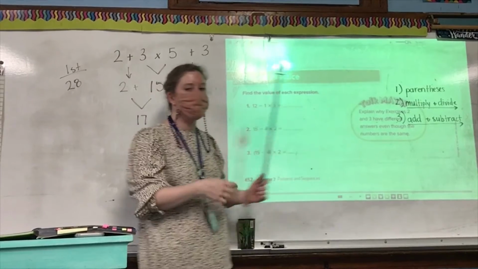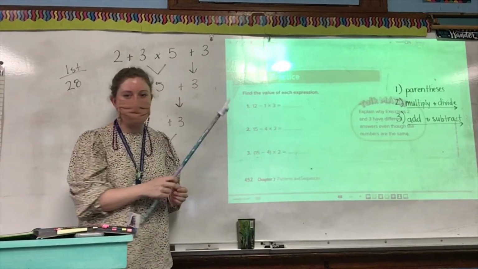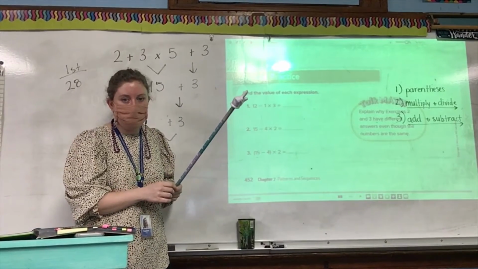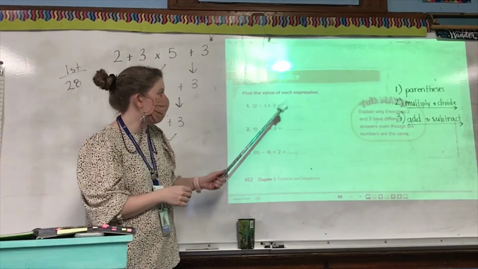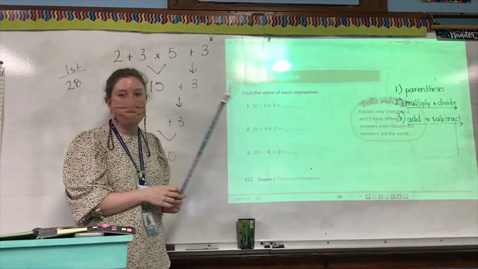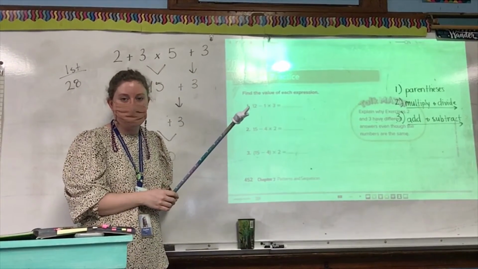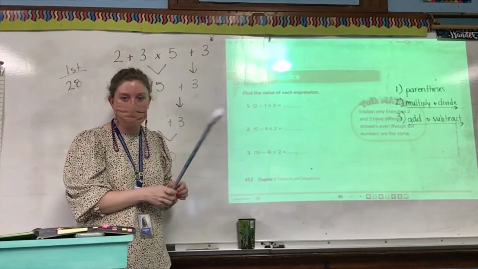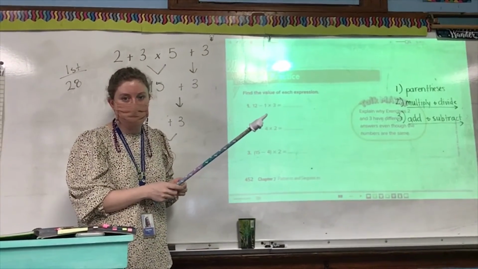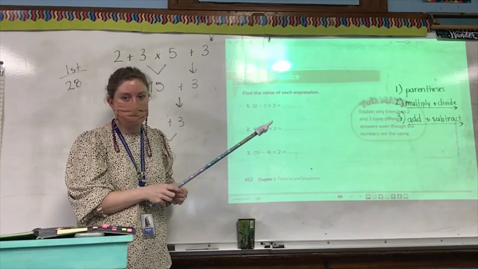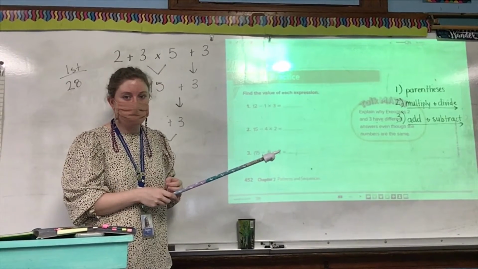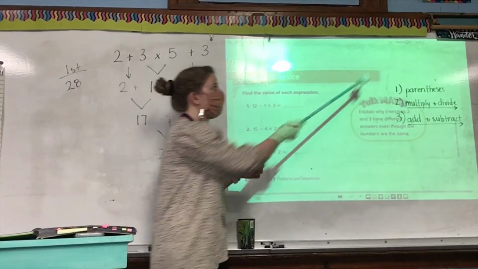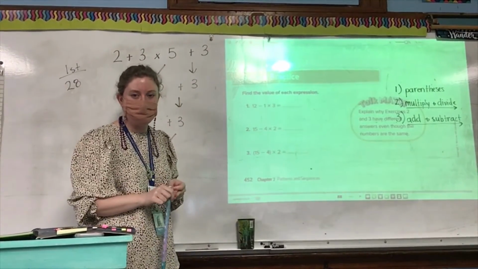What is step 1 when we have these types of expressions? Step 1 is parentheses. Do we have any parentheses? No, so we go to step 2. You have your steps written up at the top of your paper. What is step 2?